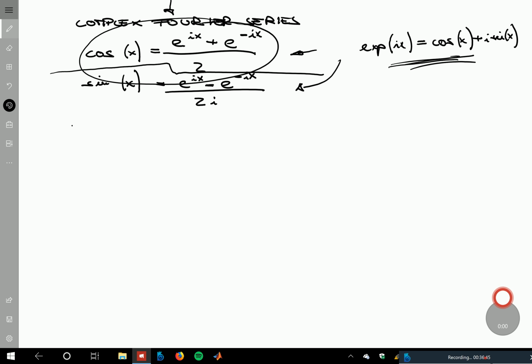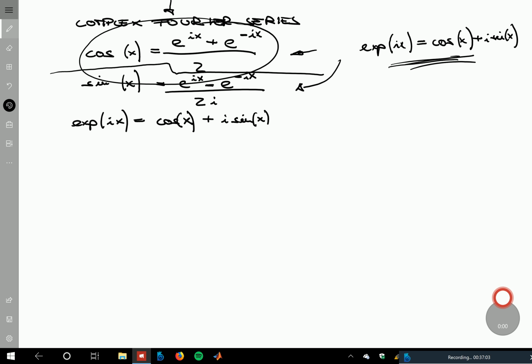So we have the exponential of ix is cos x plus i sine x. So that's what we previously established.